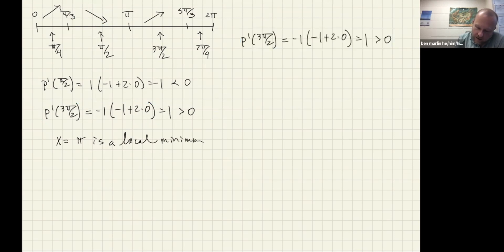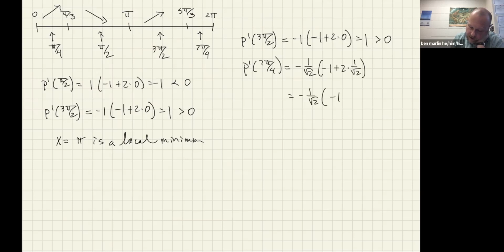All right, then I'm going to copy this part, paste over here, and now we're going to check with p prime of 7 pi over 4. So the sine of 7 pi over 4 is negative 1 over the square root of 2 minus 1 plus 2 times the cosine of 7 pi over 4 is positive 1 over the square root of 2. So that's equal to negative 1 over the square root of 2 times negative 1 plus root 2, which is equal to 1 over the square root of 2 minus 1, which is going to be like negative 0.3.